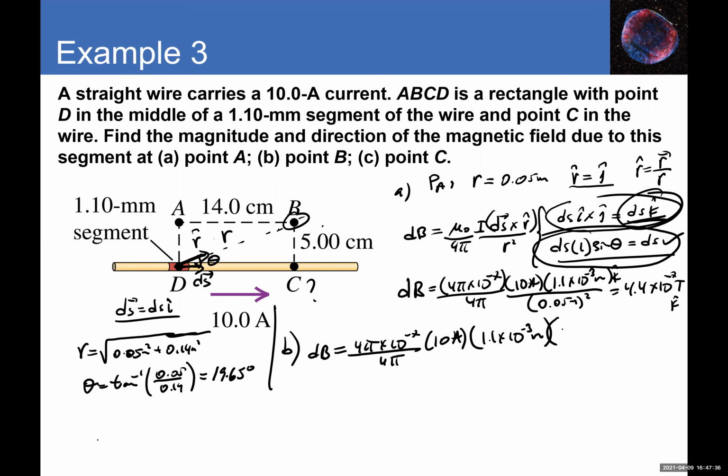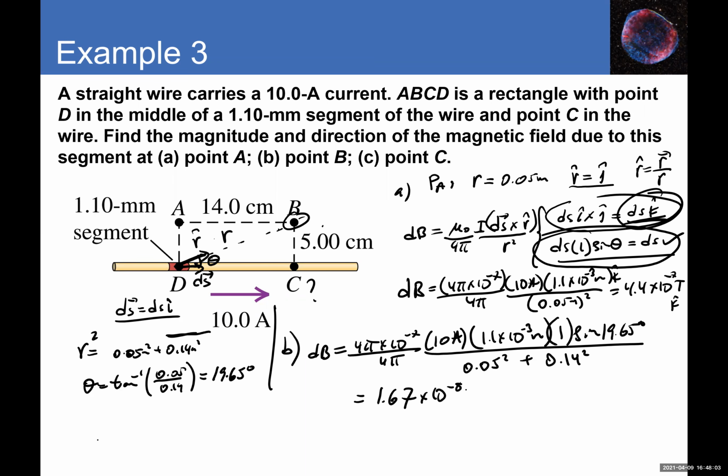The magnitude of r hat is 1, then sine of 19.65, which is the angle between them, divided by r squared, which will be 0.05 squared plus 0.14 squared. Since it's r squared, I technically don't need the square root, so I can just do this. Calculating this, I will get 1.67 times 10 to the negative 8 Tesla.